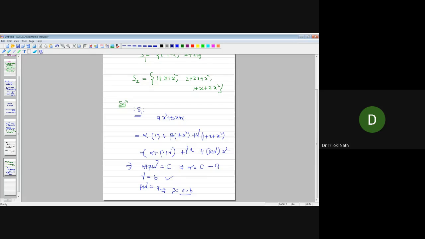So alpha is equal to c minus a, a real number. Gamma is equal to b, a real number. Beta is equal to a minus b, a real number. So these are definite values of alpha, beta, gamma.